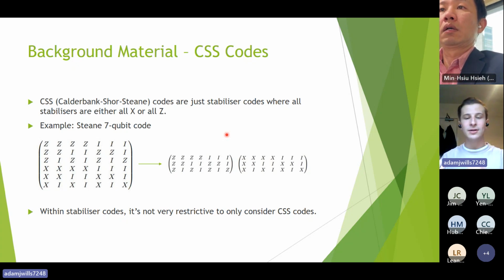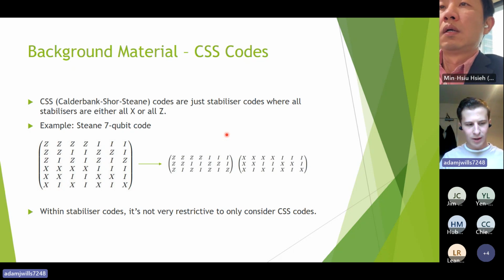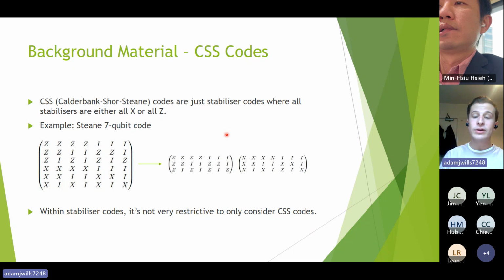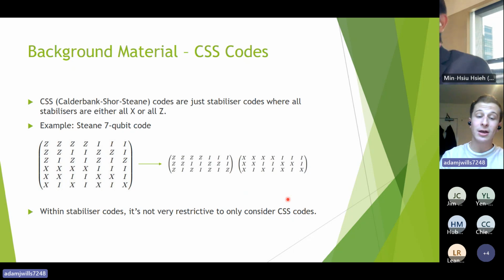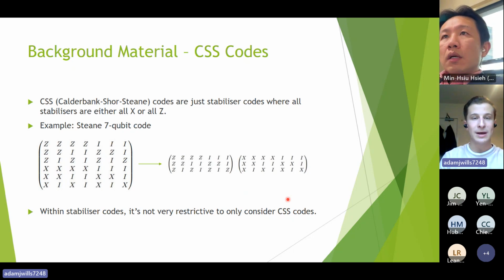So the length of the code and the dimension and the distance and things like that. And because we are only going to care about asymptotics, it really isn't a restriction to only consider CSS codes within stabilizer codes. And then the reason that we want to consider CSS codes only is because they're going to admit this really nice homological formulation that I'll go on to talk about later.